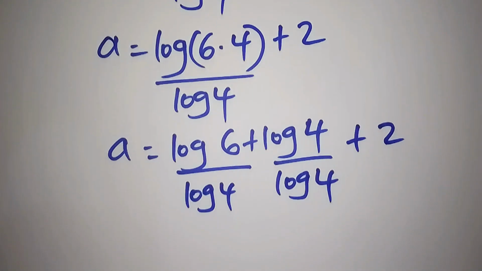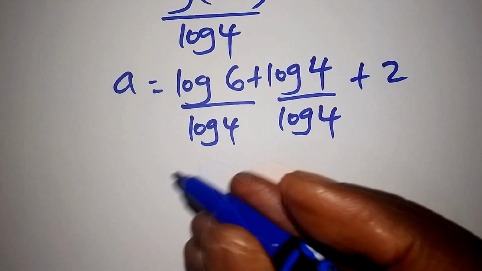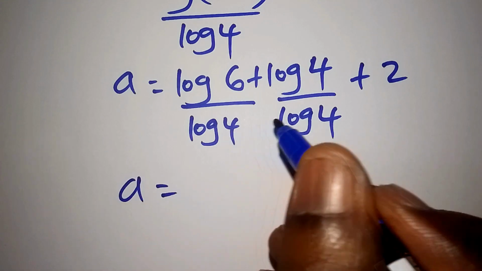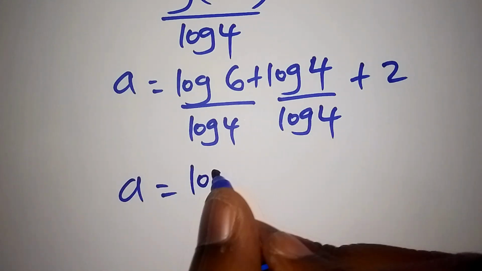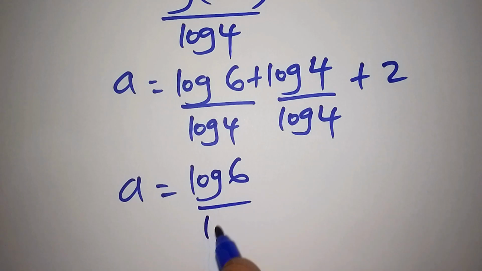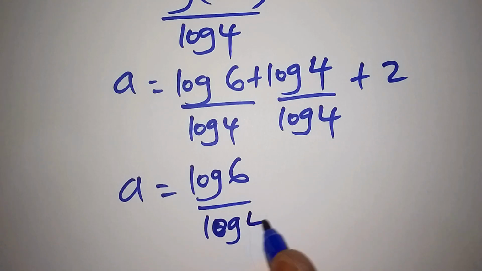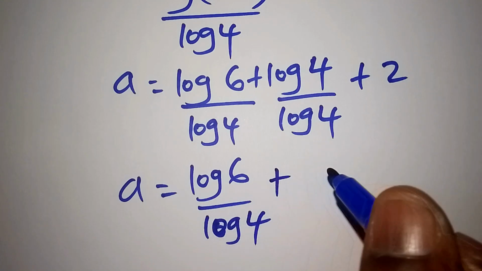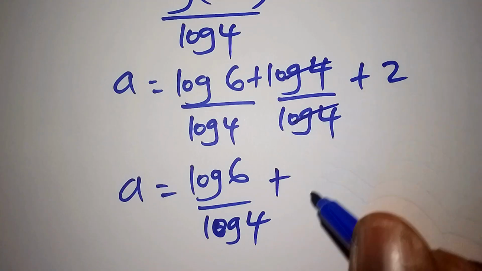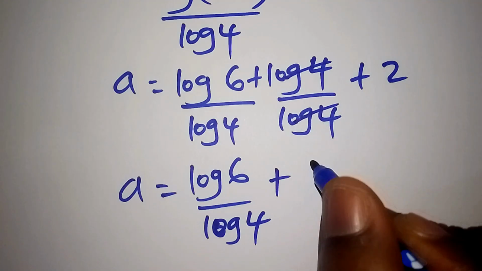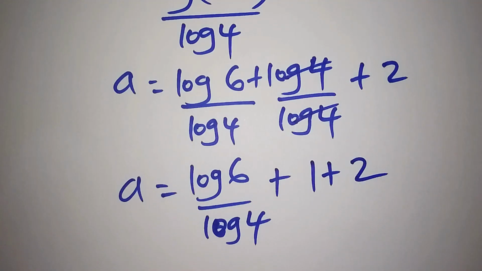So the value for a is equal to log 6 all over the log of 4, then plus, log 4 and log 4 shall cancel, so here we shall have 1 plus 2.